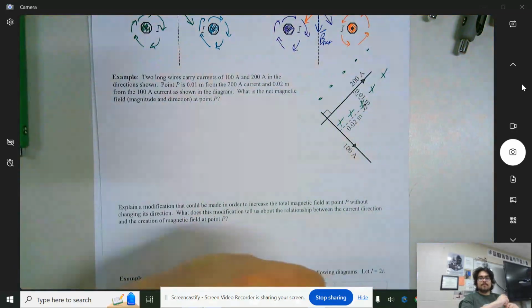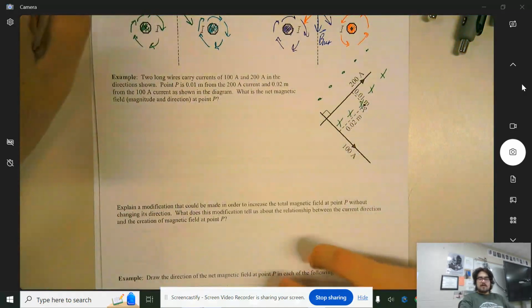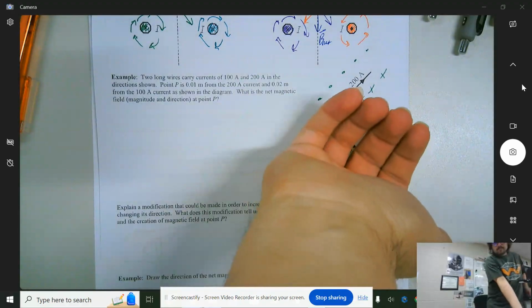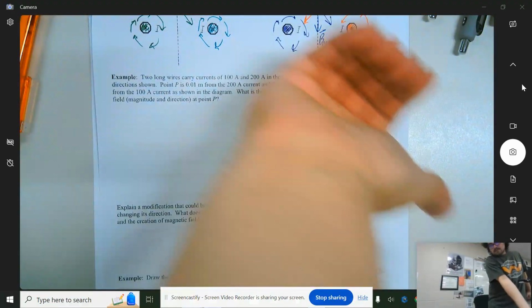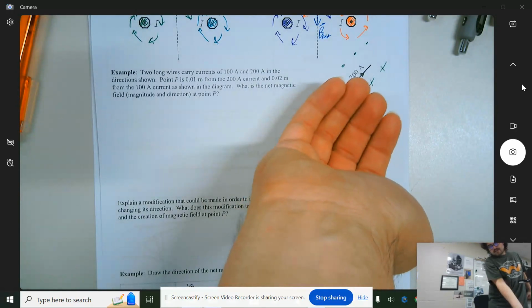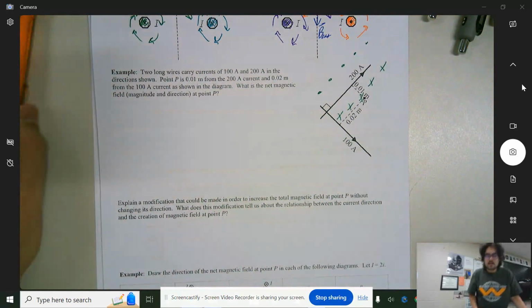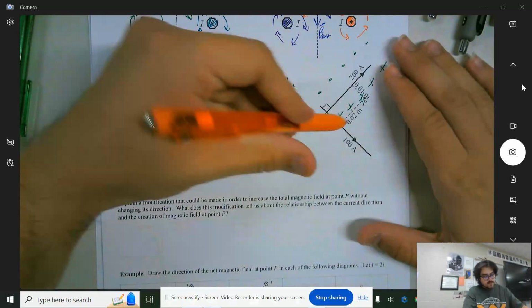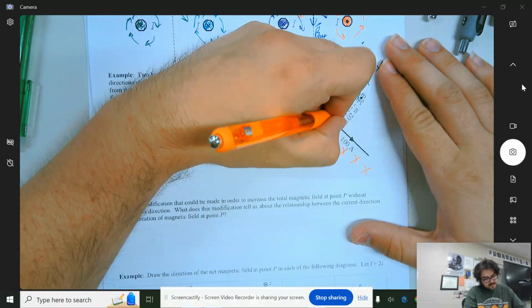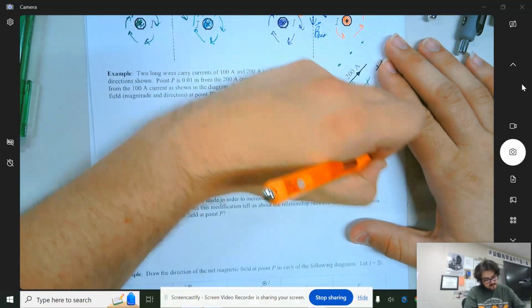Okay. What about the 100 amp current? Well, again, I'm going to have to really reorient myself here, okay? Current's going down this way. We're going below the wire, we're going into the page, and then on the other side, we're coming out of the page, okay? So we should have X's below the wire, okay, and then dots above it, okay?